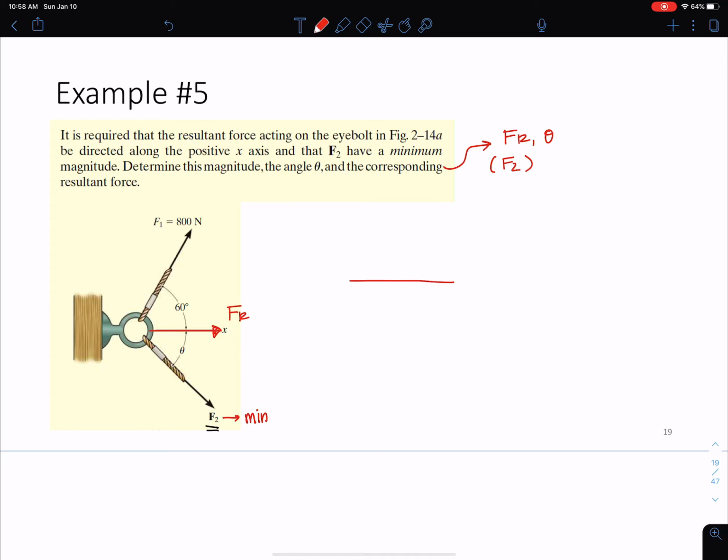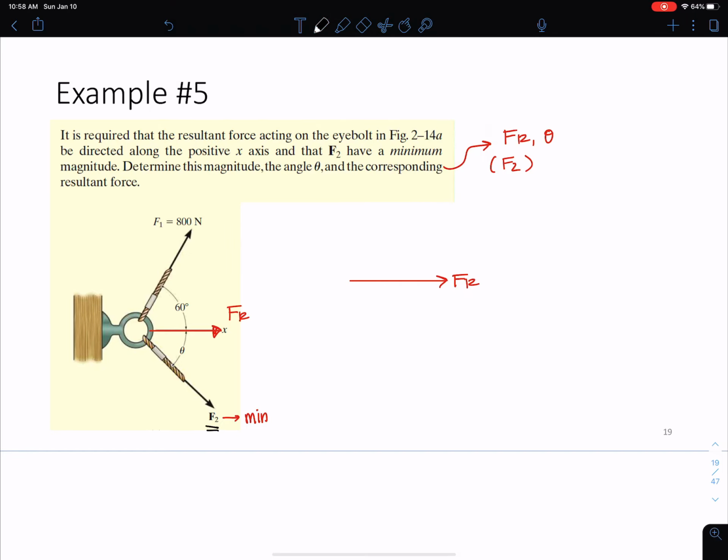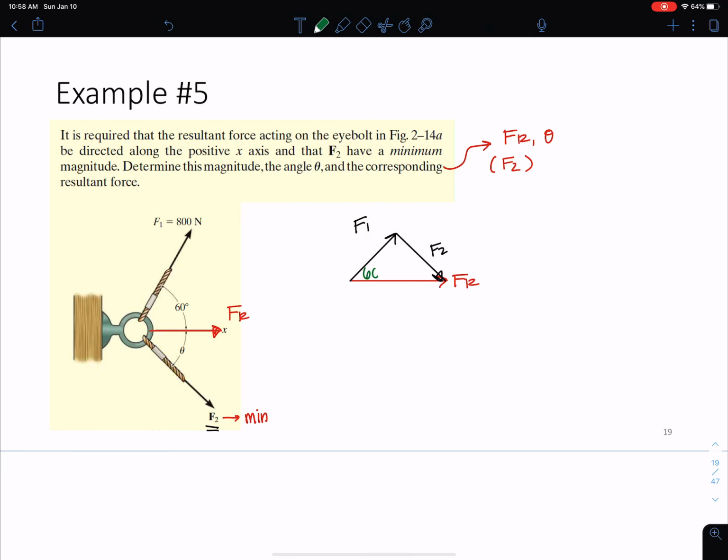So basically I have my resultant FR that needs to be directly along the x-axis as such. And I have some F1 acting in this direction, and some F2 acting in this direction here. I know that this angle here is 60 degrees.